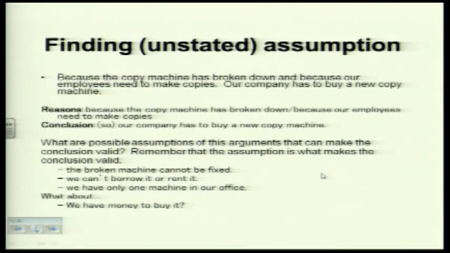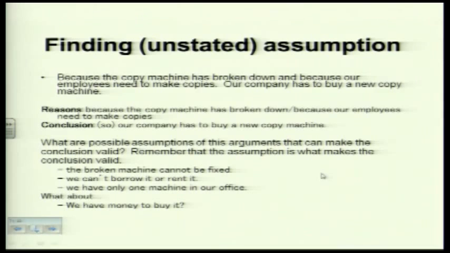The unstated assumptions are the things that you have to find. Here, there could be more than one possible assumption. First, the broken machine cannot be fixed. That's why the author concludes that they have to buy a new one.